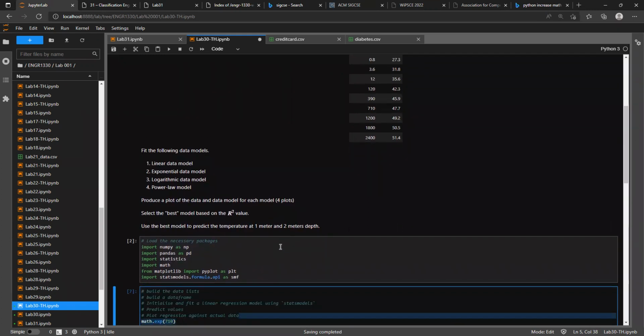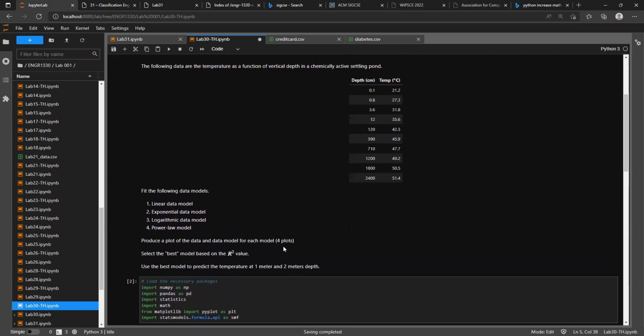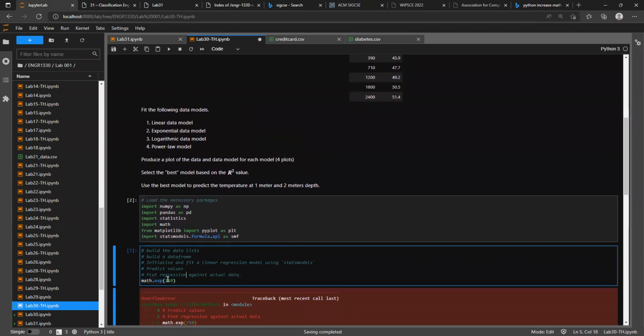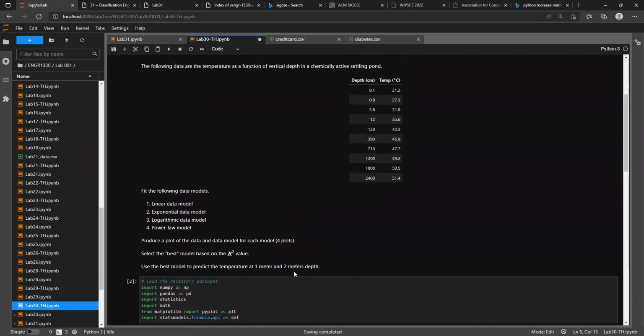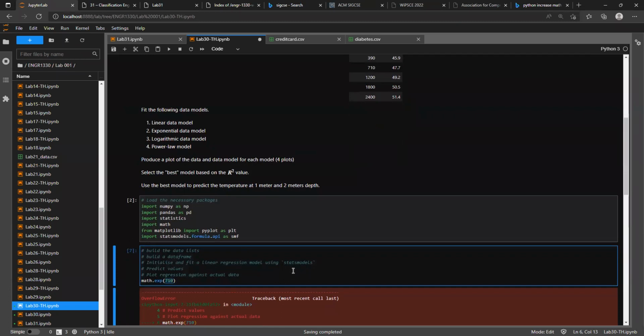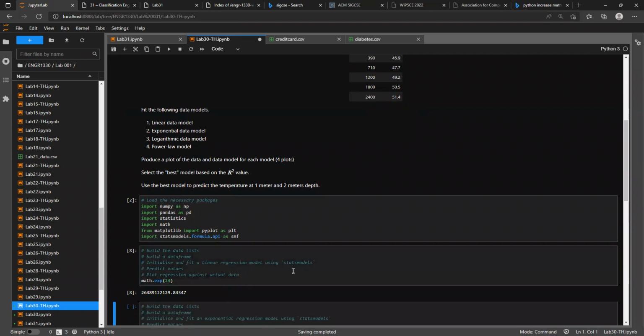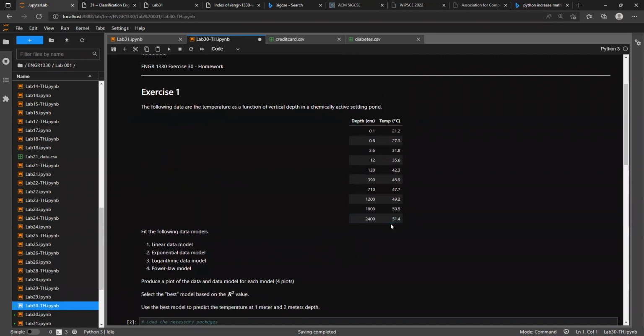Trying to think what you could do is convert the input data to meters. Yeah. I don't know why I didn't think of that sooner. So this is 0.001, this is 0.008, this is 0.036, this is 0.12, this is 1.2, and so on and so forth.